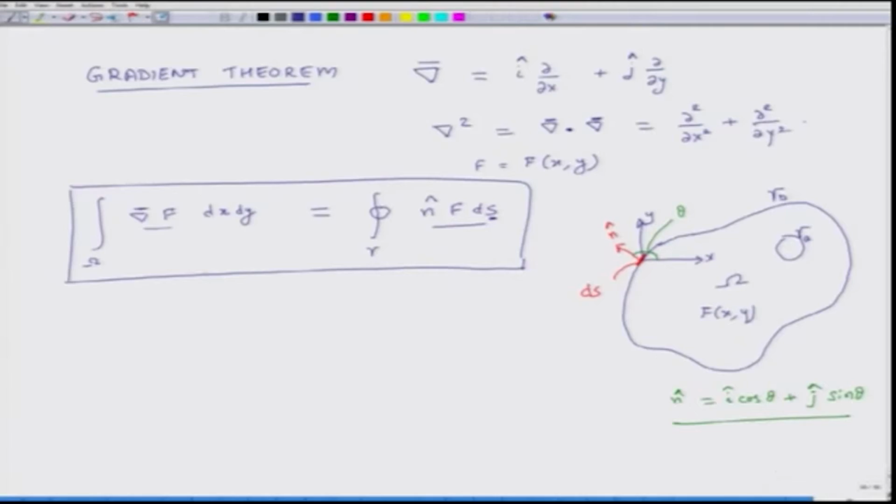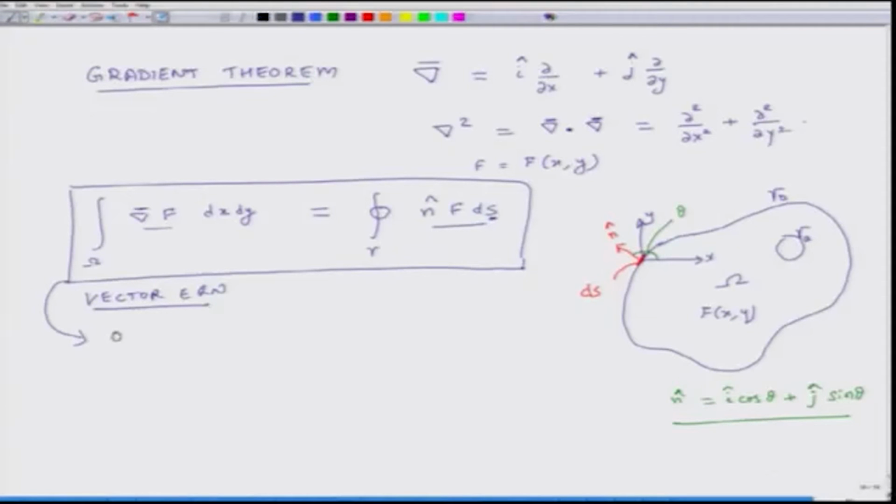Now, this is a vector equation, because this gradient operator is a vector. So, I can break it up into two separate equations.